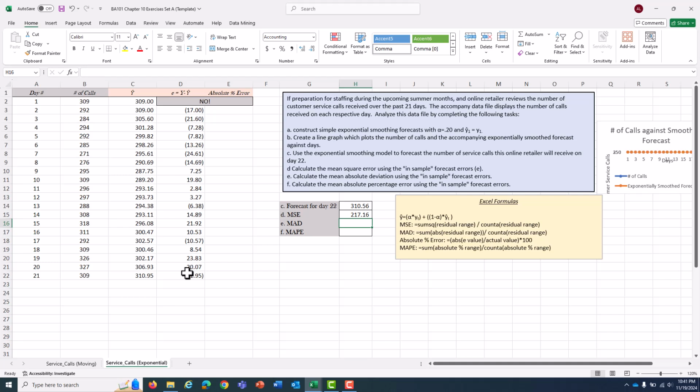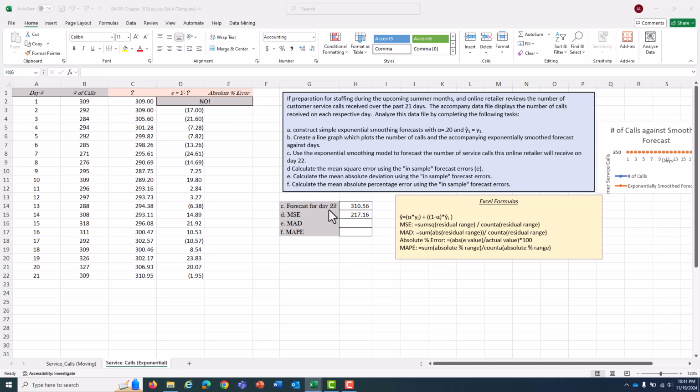The next measure of goodness of fit that we're going to use is the mean absolute deviation. We have the formula for the mean absolute deviation in our formula bar. It is equal to the sum of the absolute value of our residual range divided by how many residuals we have in our information, which I misspoke earlier, should be 20 since we don't have one for day 1 because it's the same number.